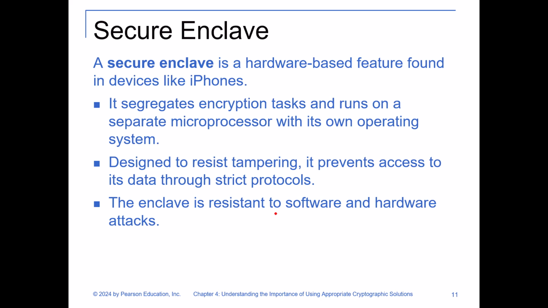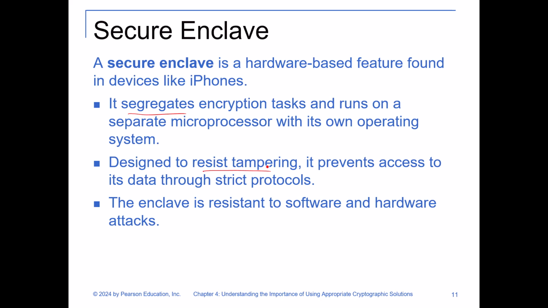Secure Enclave. This is a hardware-based feature found in devices like iPhones. It allows for segregation of encrypted tasks running on a separate microprocessor with its own operating system. It is designed to resist tampering.